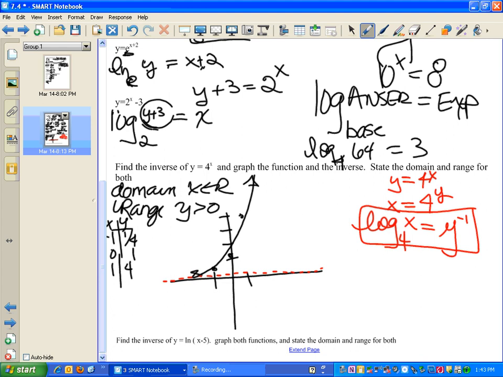So what is the domain of this? x is greater than 0 and y is an element of the reals. Remember, they flip-flop. The domain and the range become the range and the domain. And what points are we going to graph? Which is 1/4 and 1 and 4, and where is our asymptote going to be?